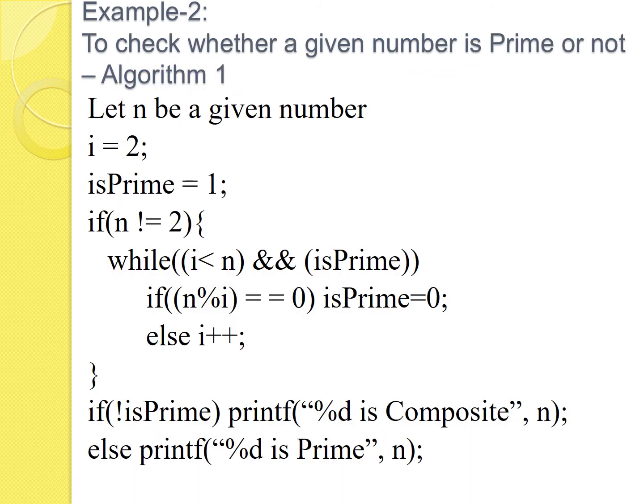Example 2 is to check whether a given number is prime or not. We'll discuss two algorithms to check whether a given number is prime or not.